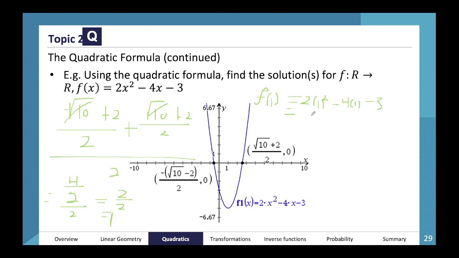That's going to give me 2 minus 4 minus 3, which is equal to 2 minus 7, which is just minus 5. And this matches up with how the graph is, right? It matches up with these numbers here. So that's going to be 1 comma negative 5.